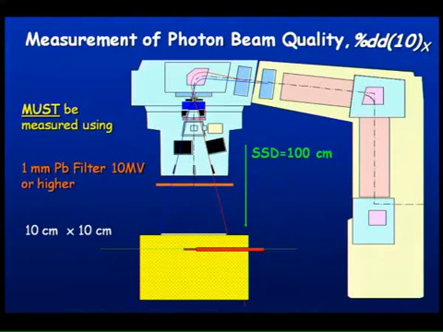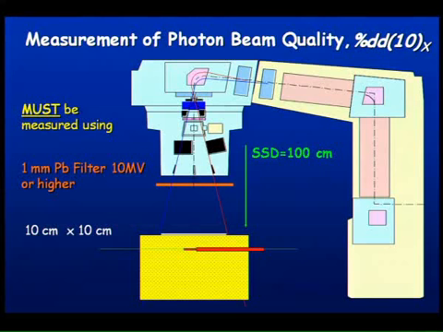It's because the KQ factors, all these equations for P wall, P central electrode, all those, they have been calculated for different beam qualities as a function for this particular geometry. And as we know, if you change the field size, for example, change the SSD, or percentage depth dose changes. Since KQ has been calculated for this specific geometry, the beam quality must be measured for this geometry.